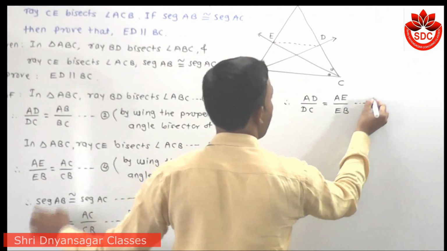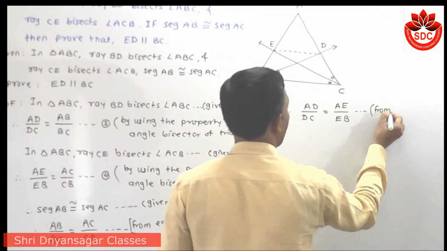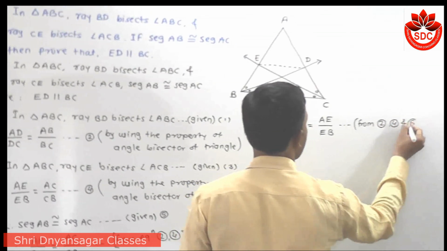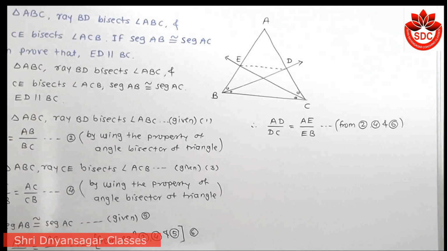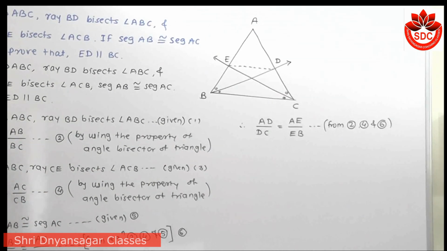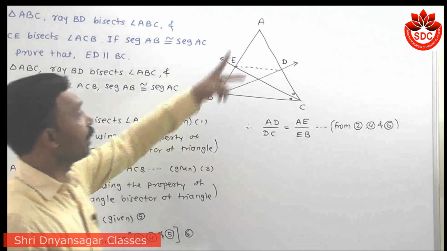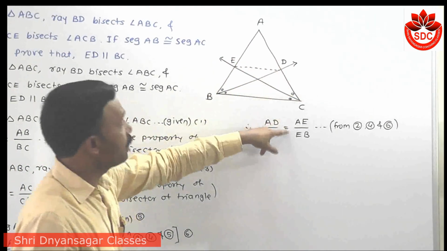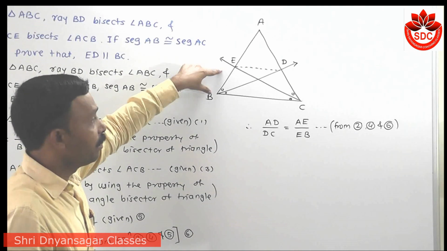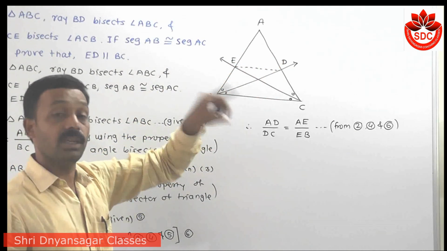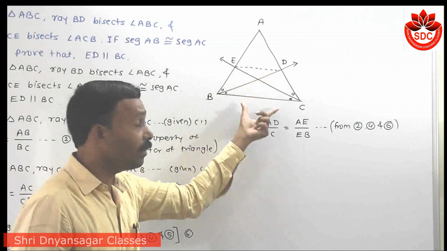The reason is from second, fourth and 6, because in this 6 these two ratios are equal, so the corresponding ratios are also equal. Now observe in the figure, AD upon DC is equal to AE upon EB, meaning these two ratios are equal, so if the ratios are equal, then the line segments are parallel.